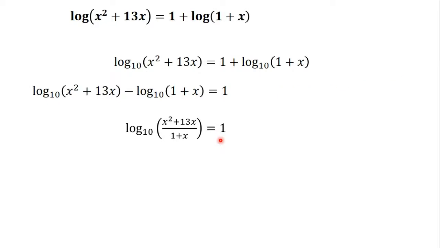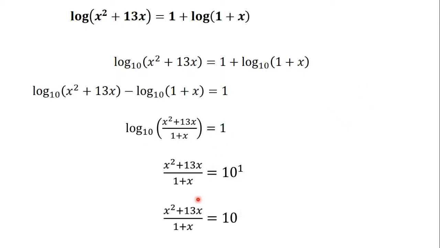We also know from the definition of logarithm that if log x base y is equal to a, then x is equal to y exponent a. So applying this here, you have x squared plus 13x divided by 1 plus x is equal to 10, which is the base, exponent 1. And this is going to give us x squared plus 13x divided by 1 plus x is equal to 10, because 10 exponent 1 is 10.